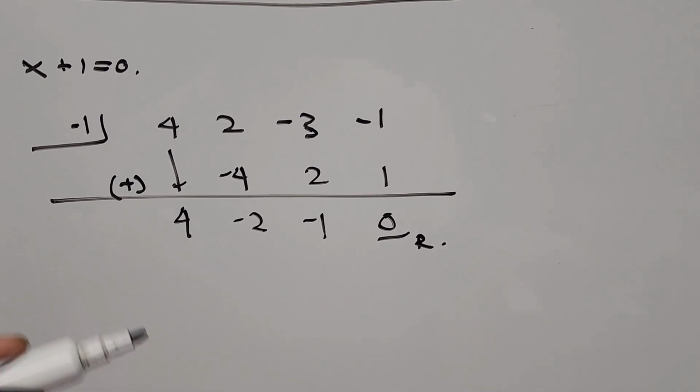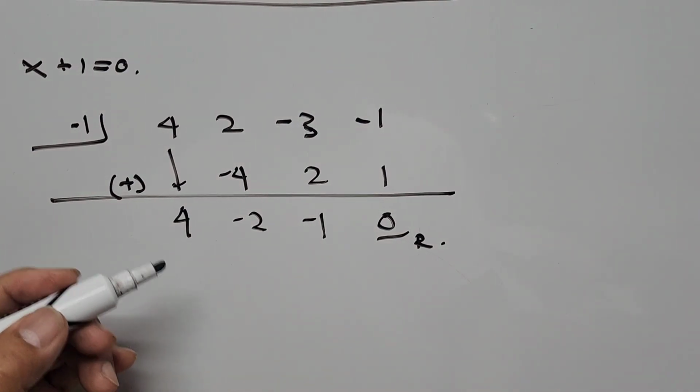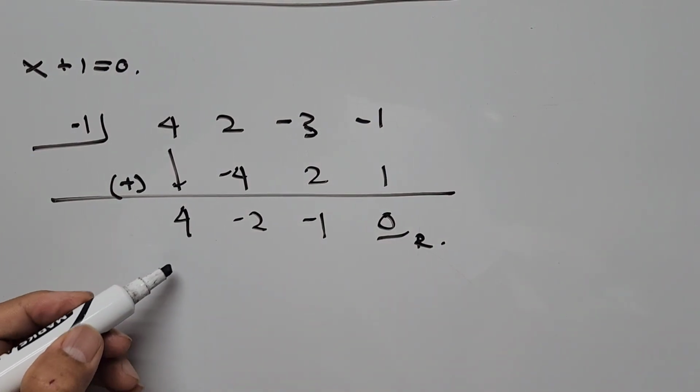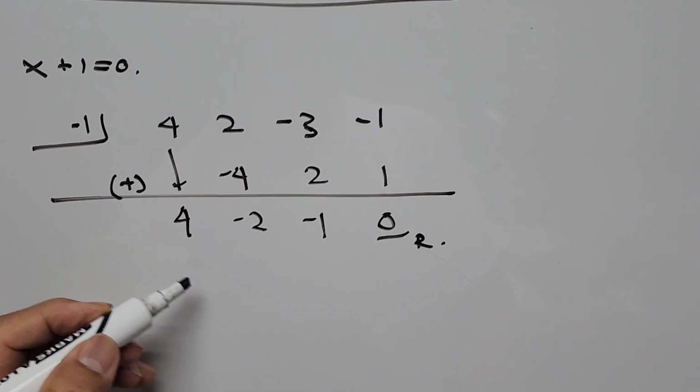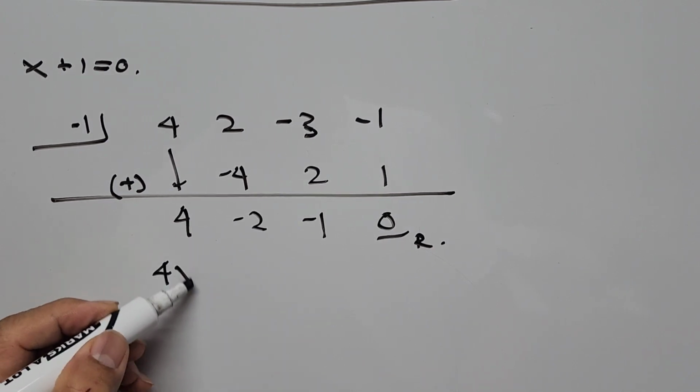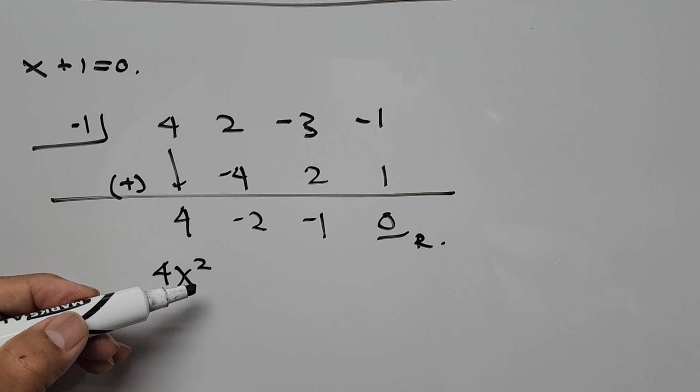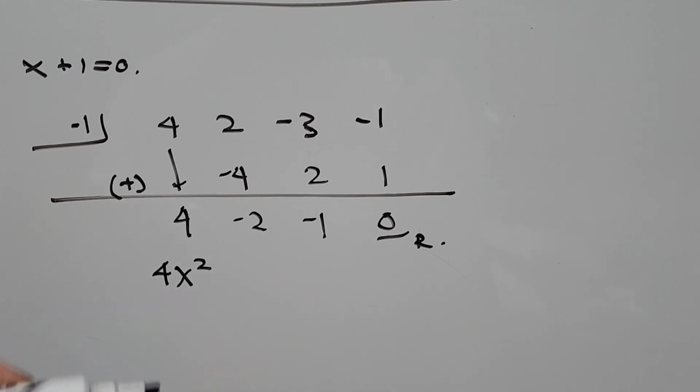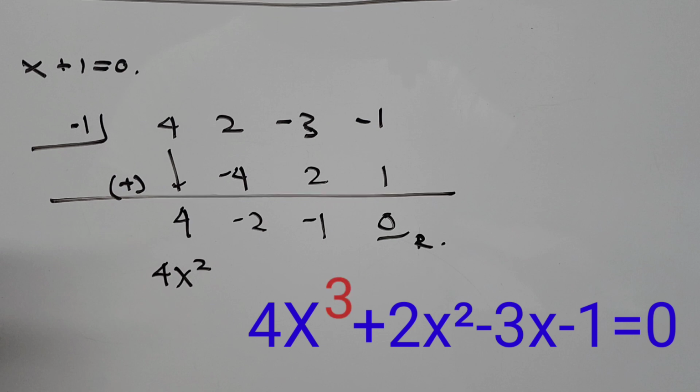And so from here, these numbers are the coefficients now. This 4 is the coefficient of x squared, so this is now 4x squared, one degree below x cubed, the degree of the leading term of our cubic equation.